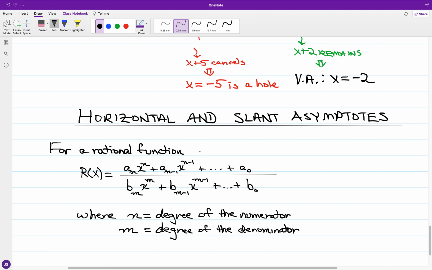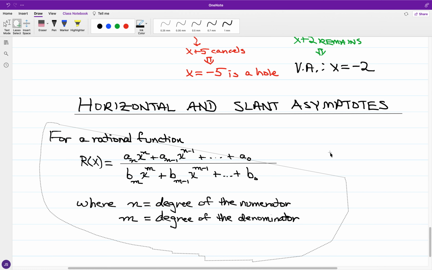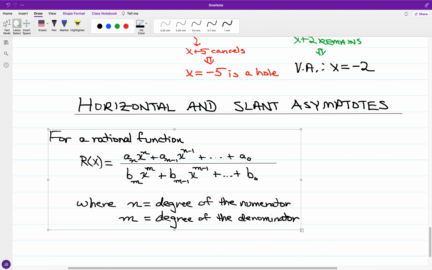Now there are going to be four possible scenarios that can arise.